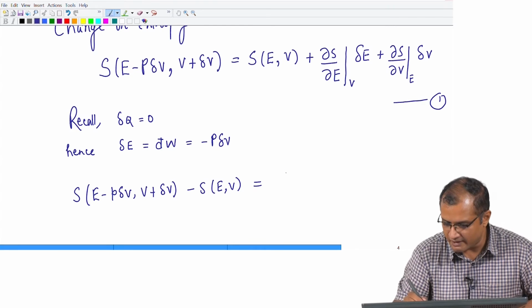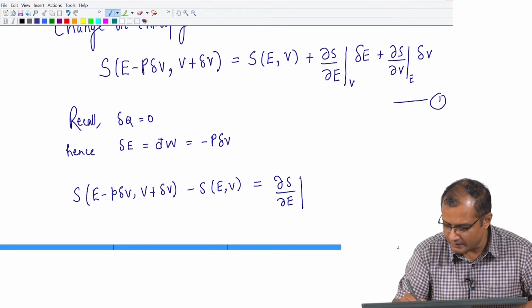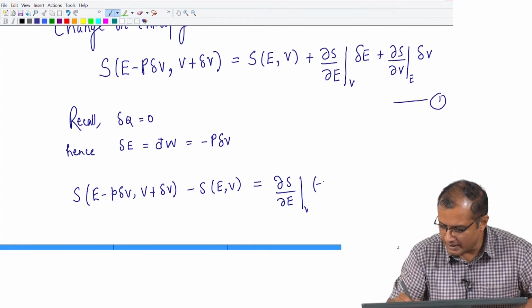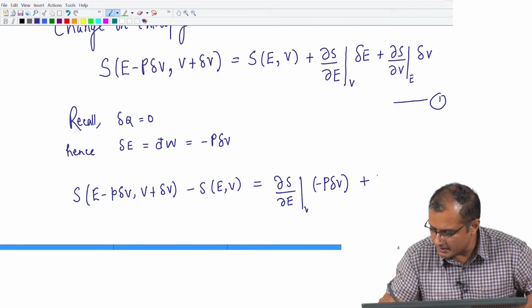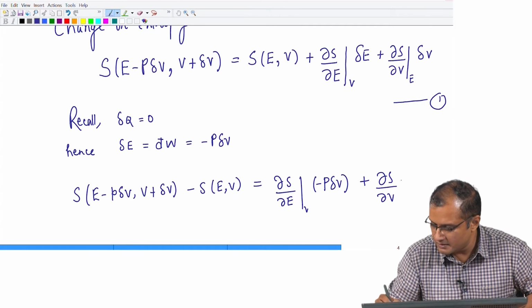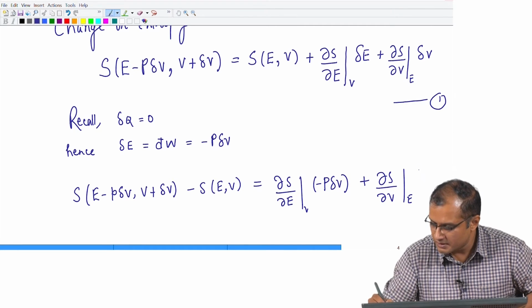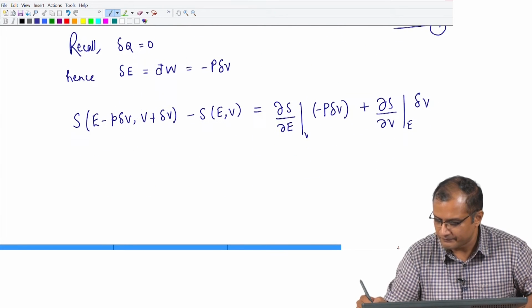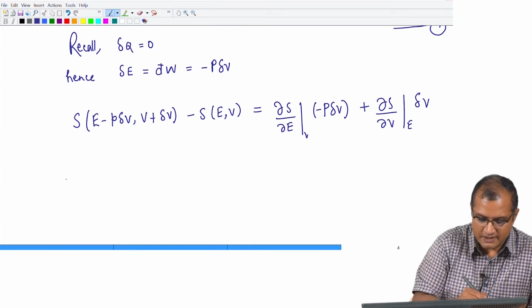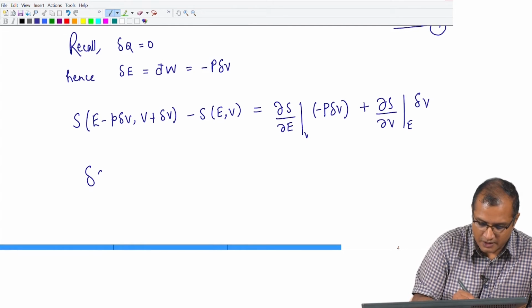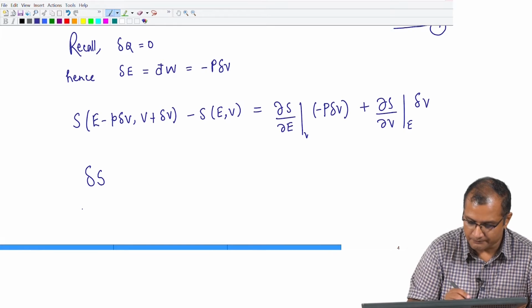On the right hand side I will write ds over dE at constant volume into minus P delta V plus ds over dV at constant energy into dV, fine, and call the left hand side the change in the entropy, okay.